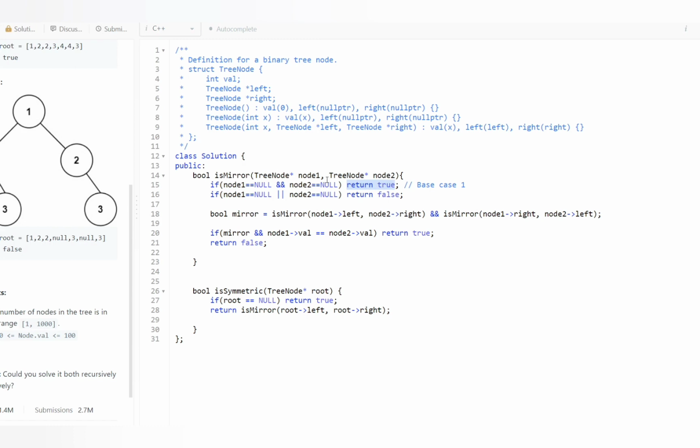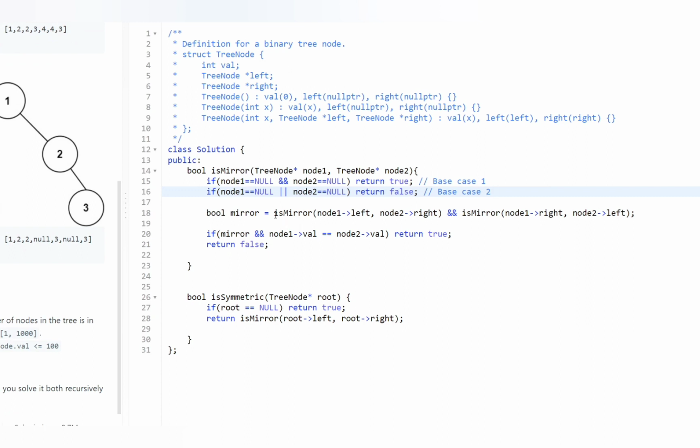If there is nothing, then it cannot be not mirrored. And second, if both of them are not null, but one of them is null, that means it is not mirrored. Like if I put a ball in front of a mirror but it is showing nothing on the other side, that means it's not a mirror, right?